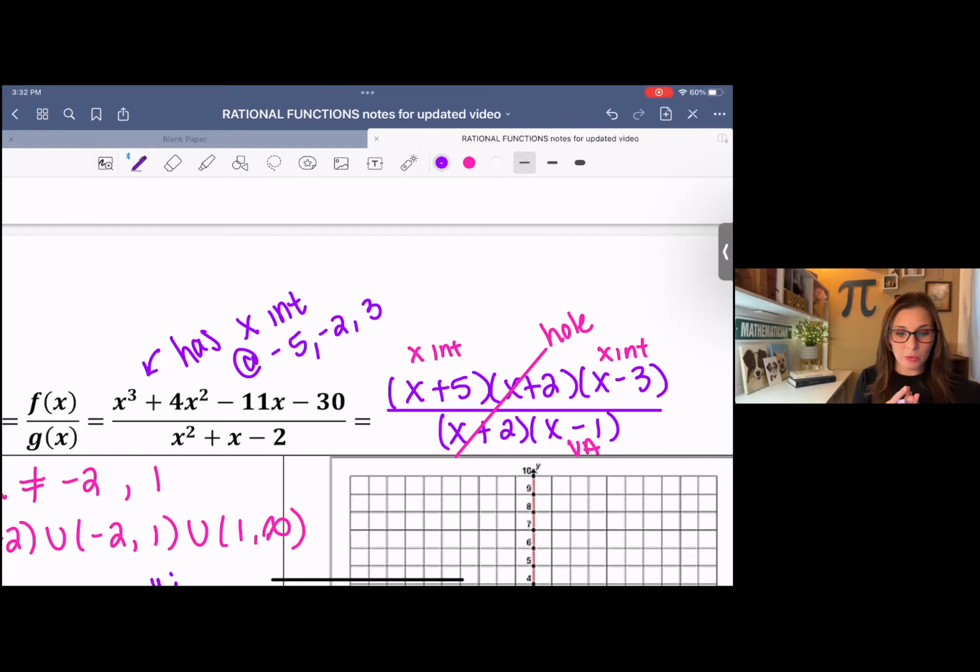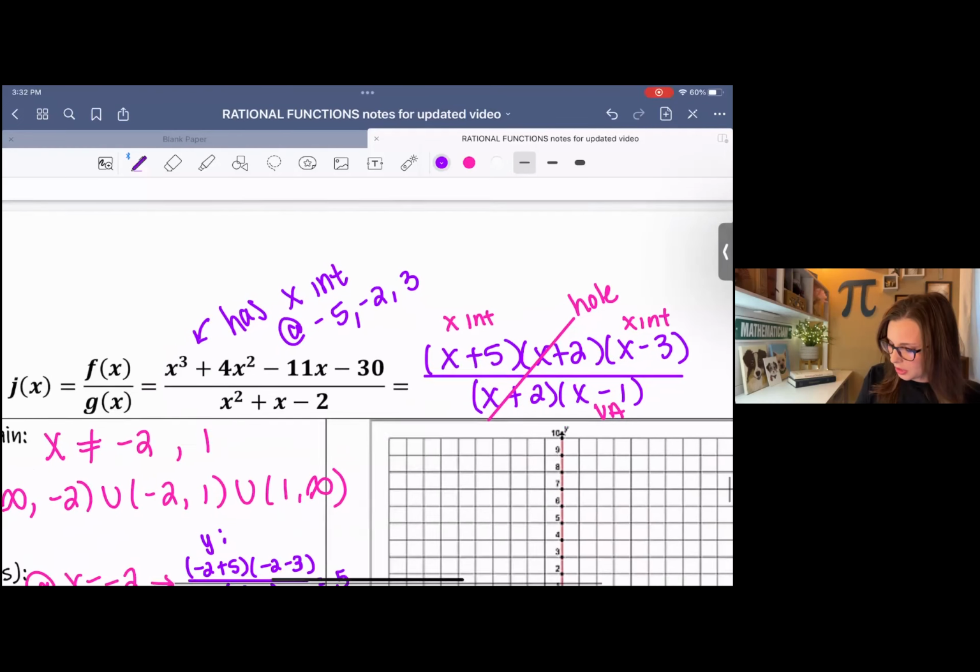I've got it labeled here, which is going to help me figure out the rest of the problem. We have a factor that divides out, and that makes it our hole. Then we have a factor remaining in the denominator that makes that factor our vertical asymptote. And the two factors in the numerator are our x-intercepts. So we have two x-intercepts in this case.